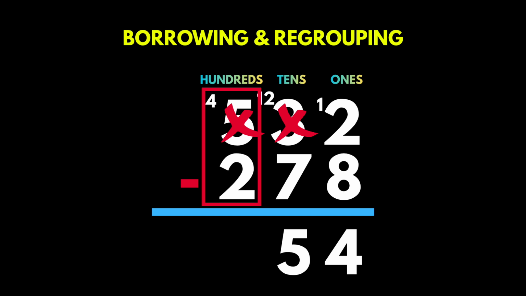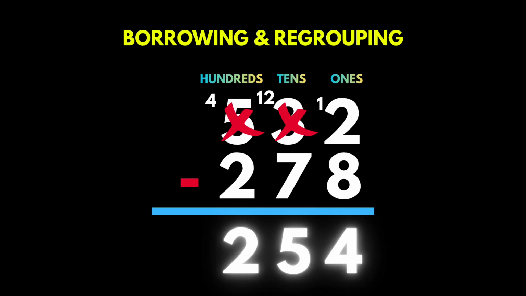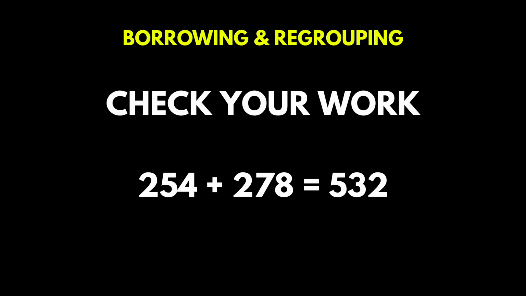No borrowing needed. 532 minus 278 equals 254. Here's a pro tip. Always check your subtraction by adding your answer back to the subtrahend. 254 plus 278 should give us back 532. It does. That tells us our answer is correct.